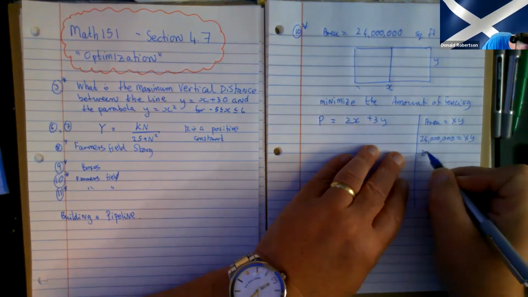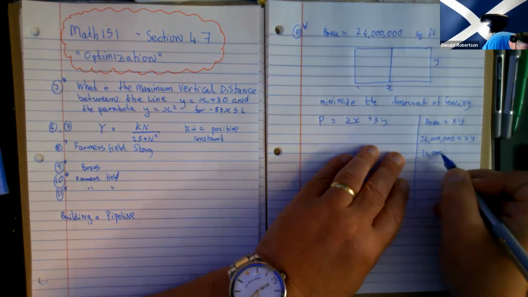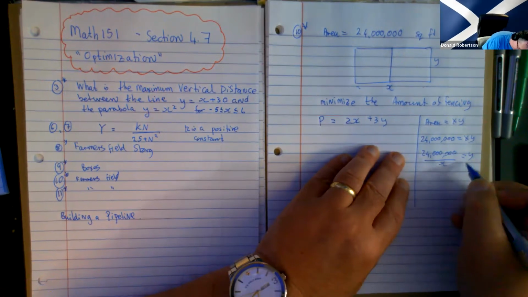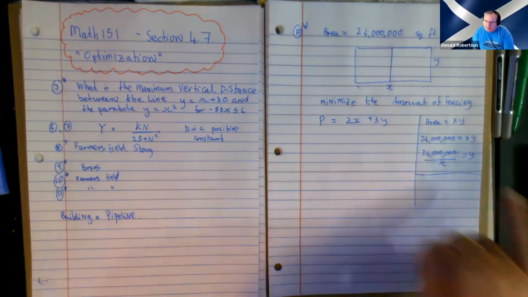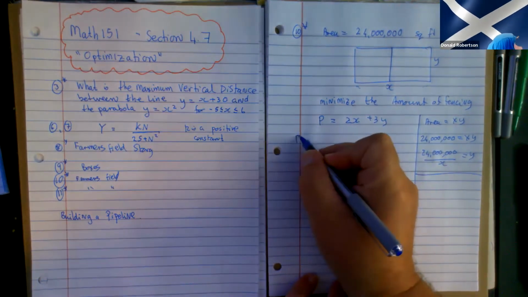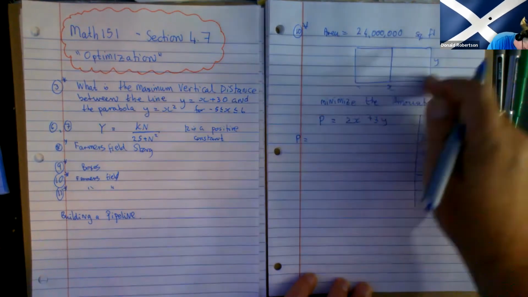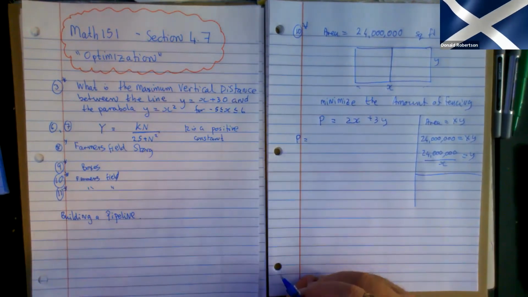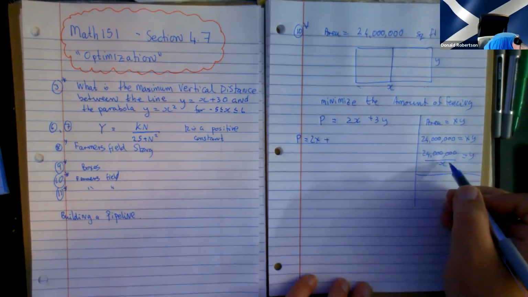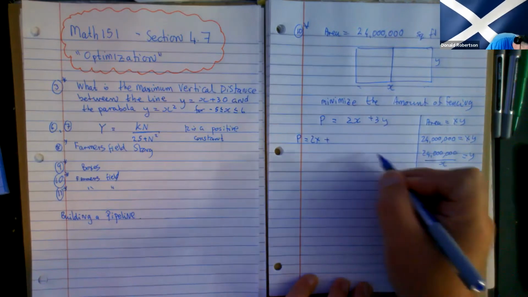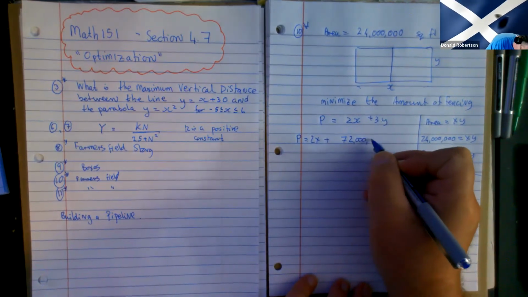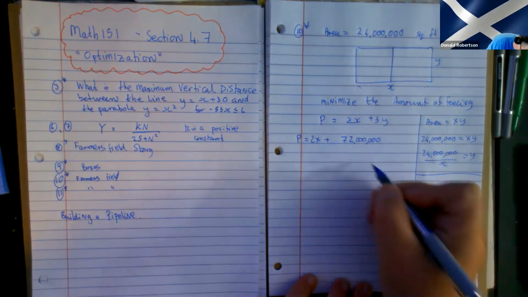And if I divide both sides by X, there's my Y. So P, the total perimeter, the thing we're trying to minimize, is 2X plus 3 lots of this guy. And that's 72 million over X.